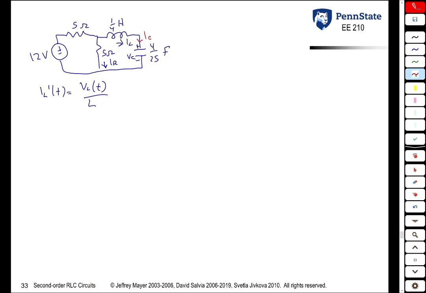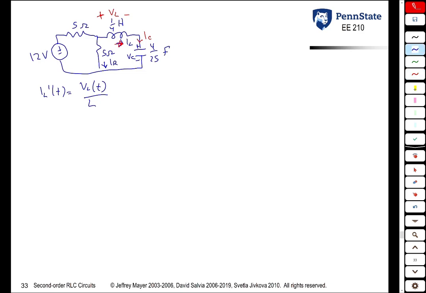VL of t is given by that, and notice because IL is defined as a current from left to right, using the passive sign convention, the VL has to have the plus on the left. So even though it was arbitrary that we defined IL as going left to right, once we define IL that way, it fixes how VL has to be defined.